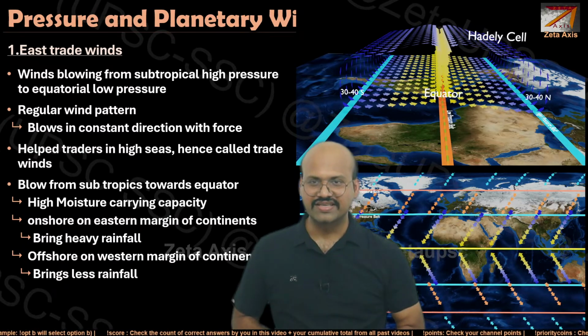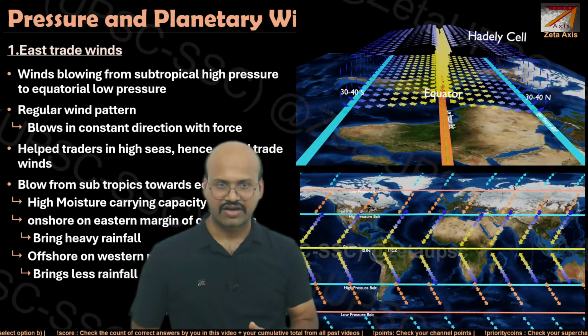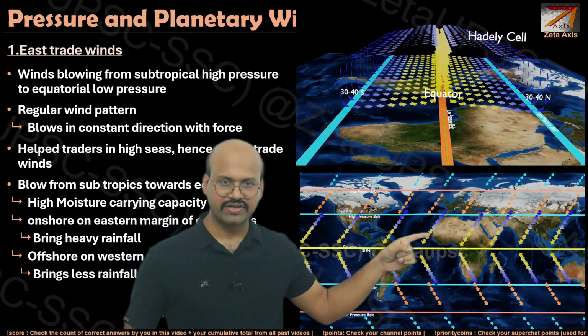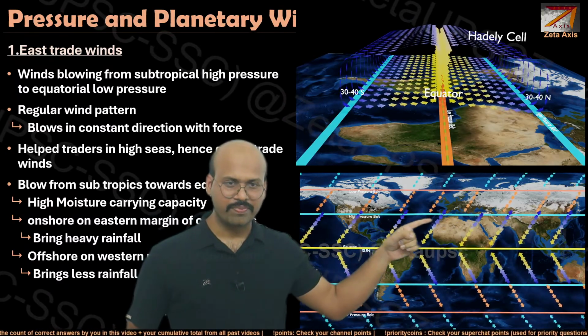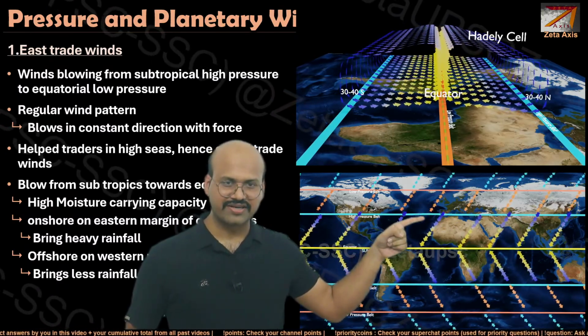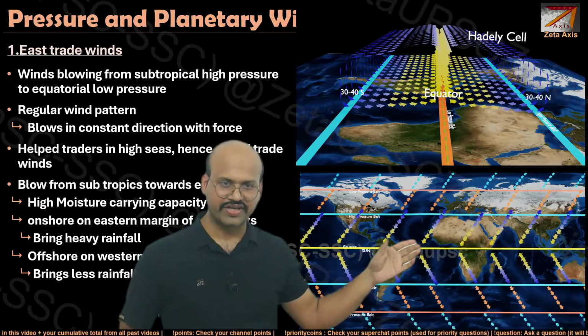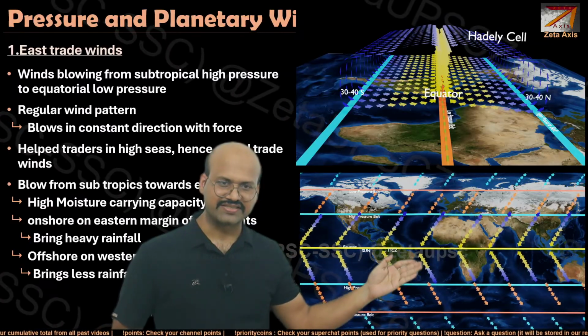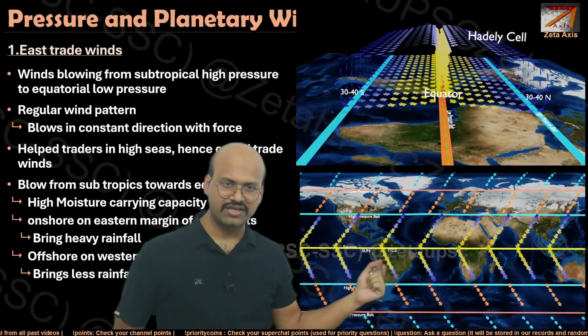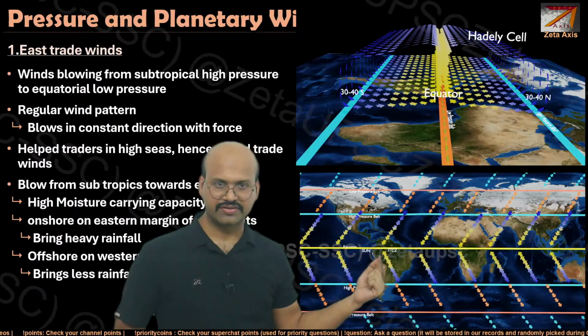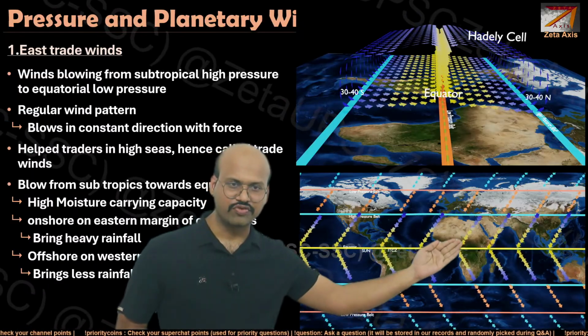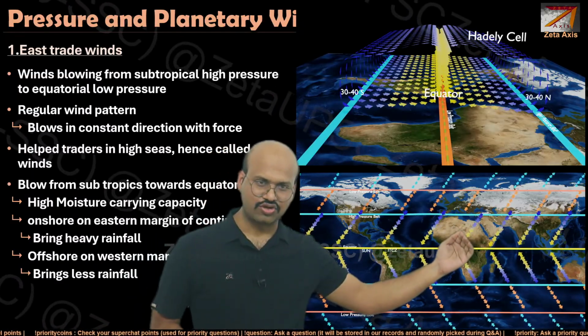Next, we are seeing these east trade winds. These are our trade winds over here. They are moving from this high pressure belt towards this low pressure region. So we can see in both hemispheres there are these trade winds which are moving towards the low pressure region at the equator. They are moving from the eastern direction towards the west.